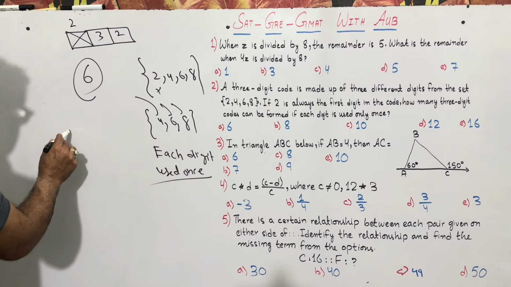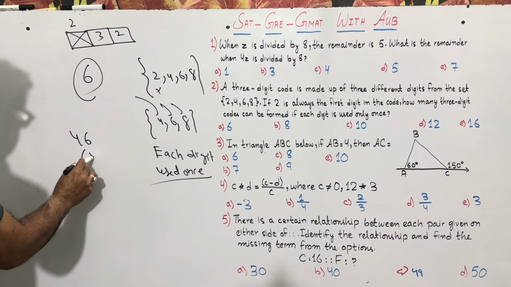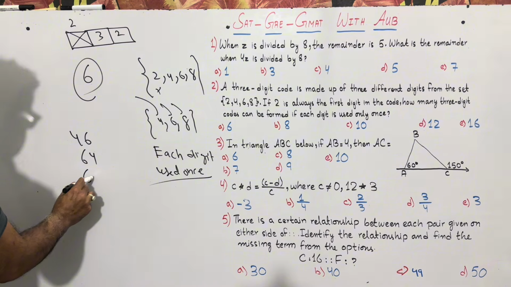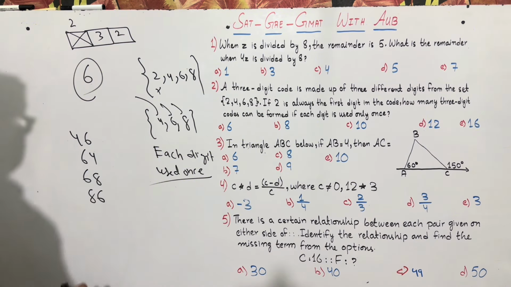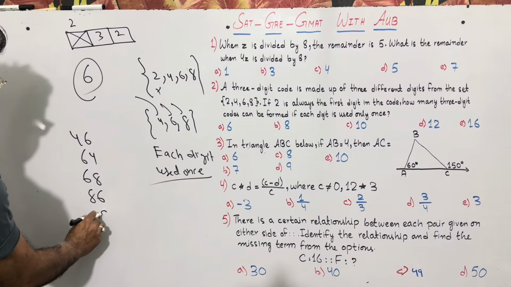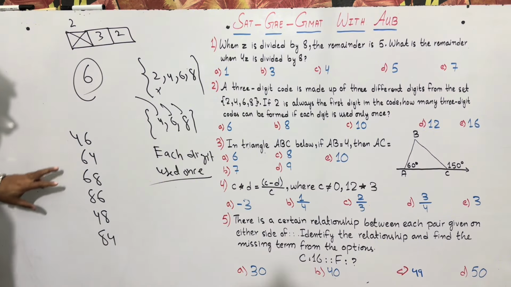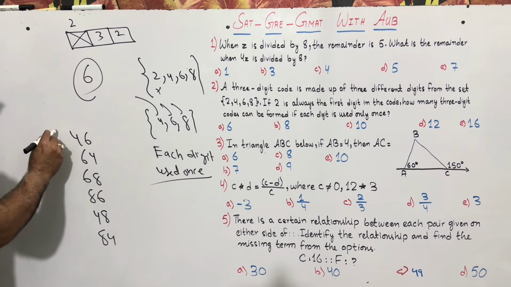Here 4 and 6, commute them: 6, 4, then 6, 8, 8, 6, 4, 8, 8, 4. How many? 2, 4, 6, and the first digit is always 2.